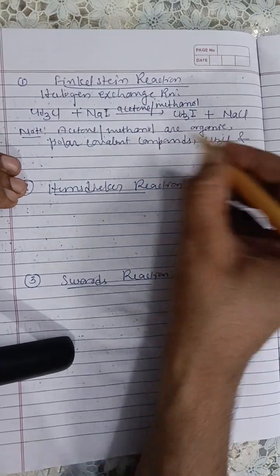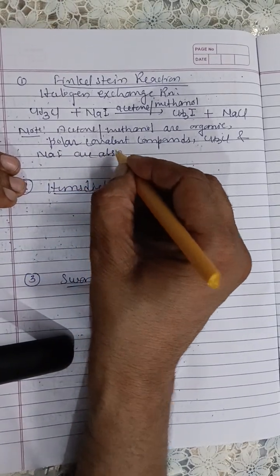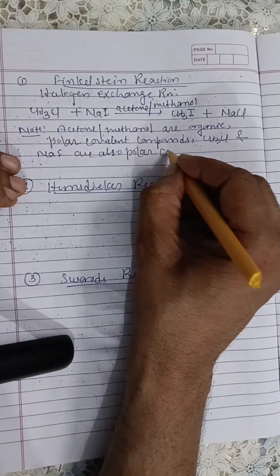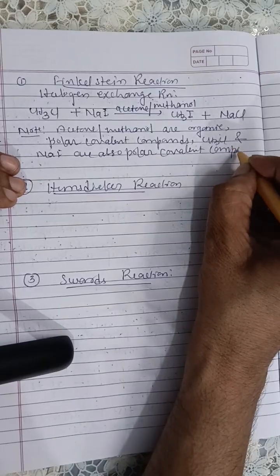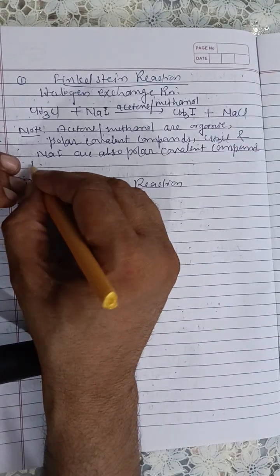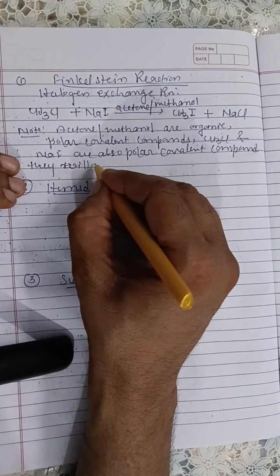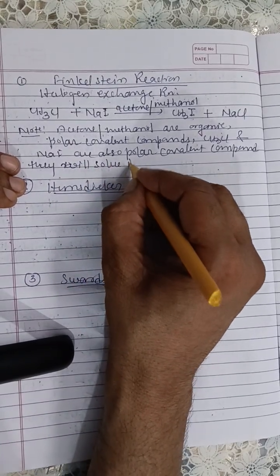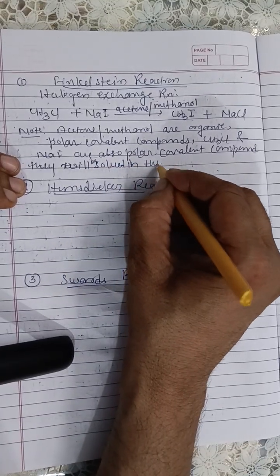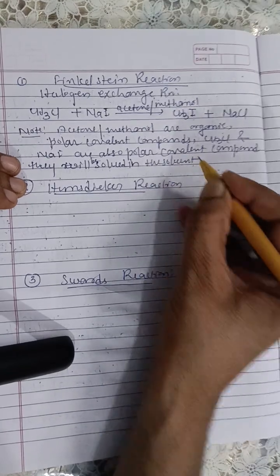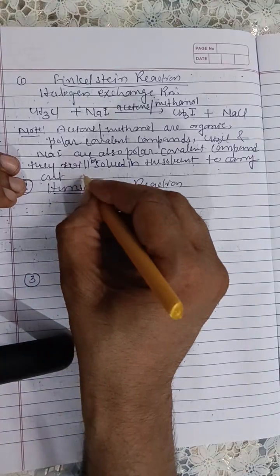CH3Cl and NaI are also polar covalent compounds. So they will be dissolved in the solvent to carry out the reaction.